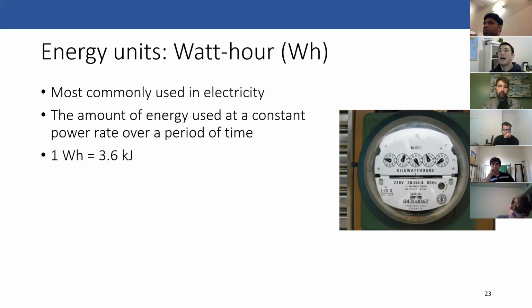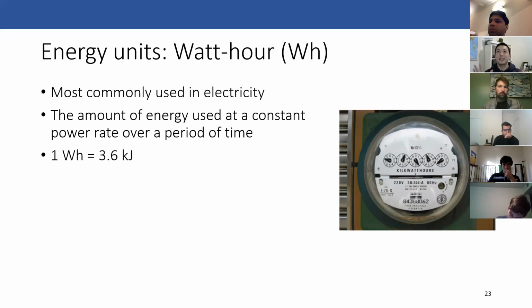A watt hour is actually the number of joules used in a particular time period. So in this case, it's just multiplying by 1 hour. And so in an hour, a single watt will be using 3,600 joules, or 3.6 kilojoules. And so that's equivalent to 1 watt hour.